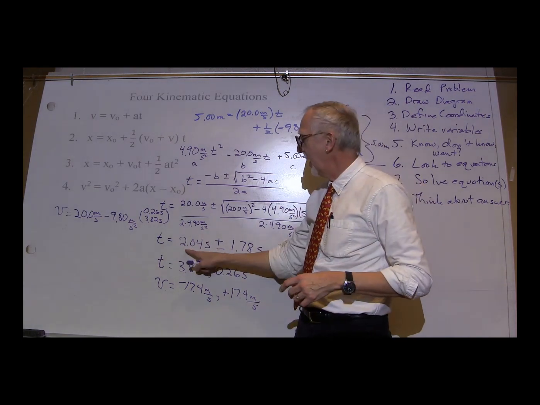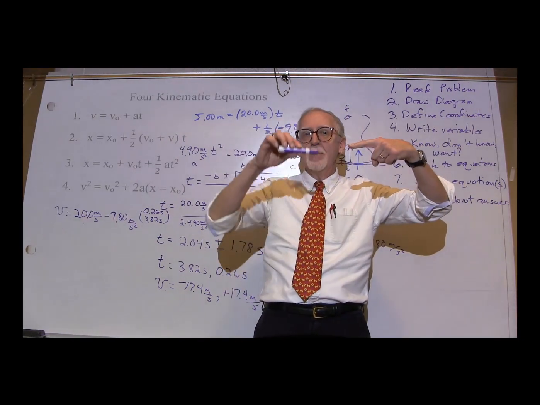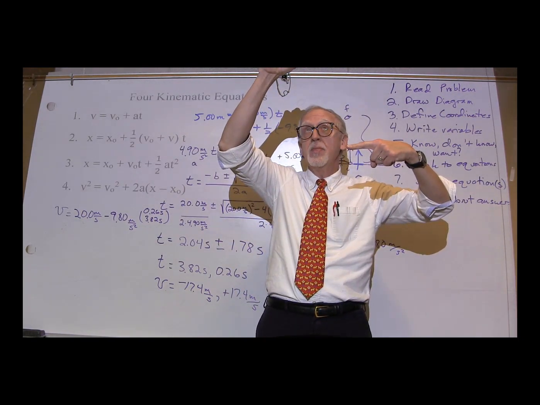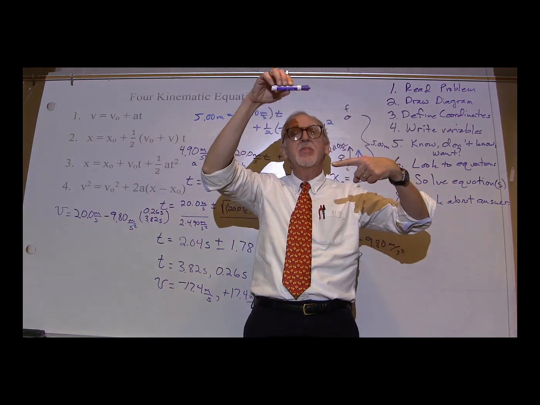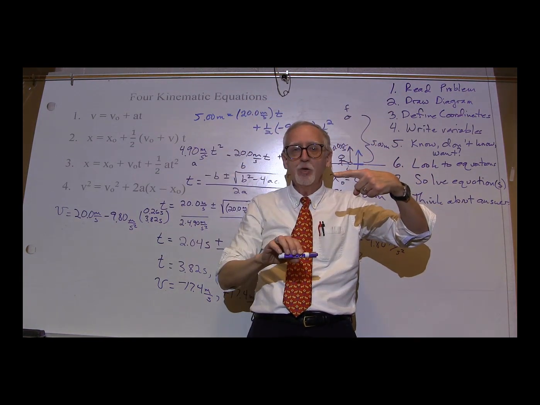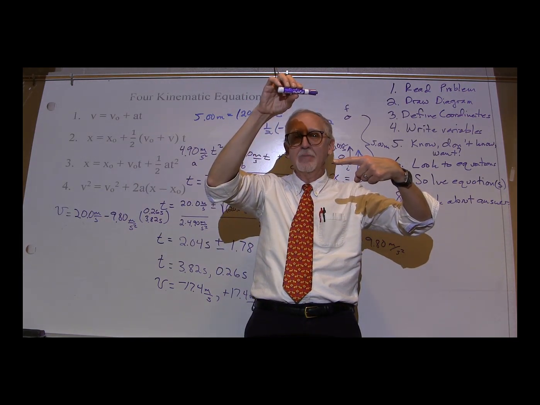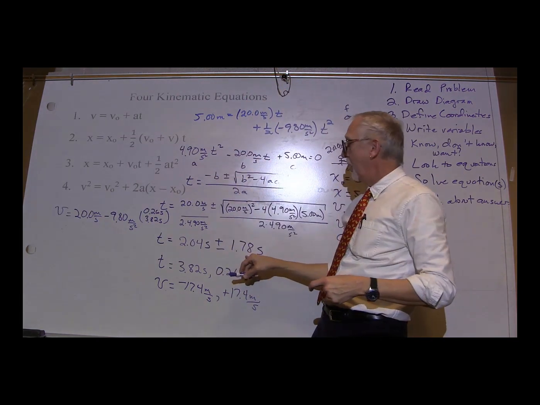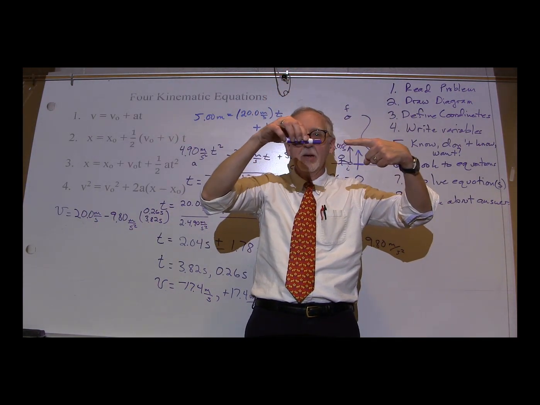What happens at 2.04 seconds? Well, as a matter of fact, what happens at 2.04 seconds is the ball is at its maximum height. It takes 2.04 seconds for the ball to get to its maximum height. And then 1.78 seconds later, it's back down at the 5 meters.